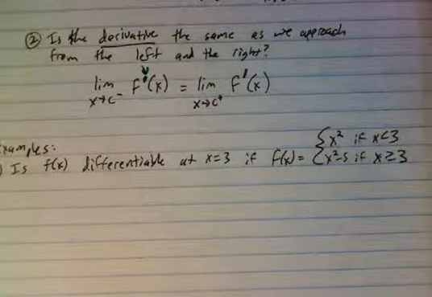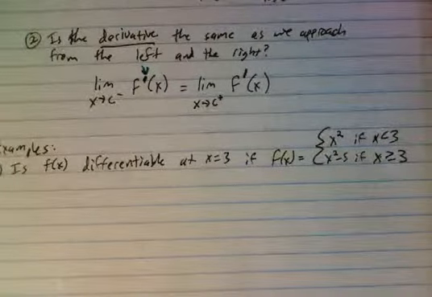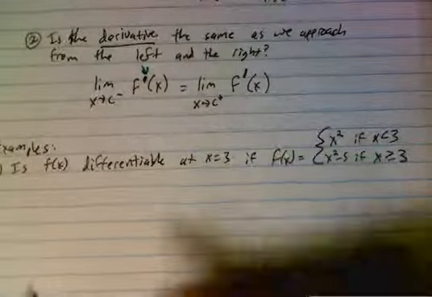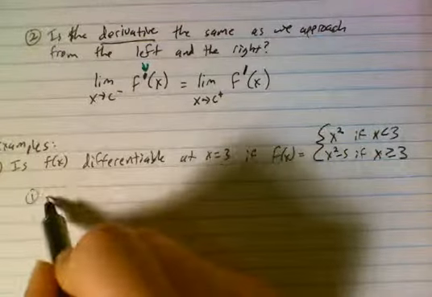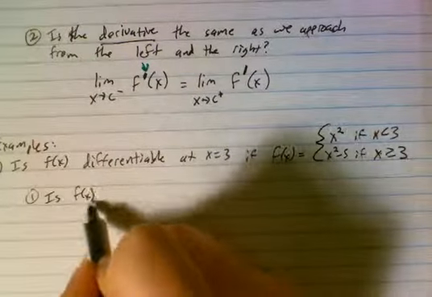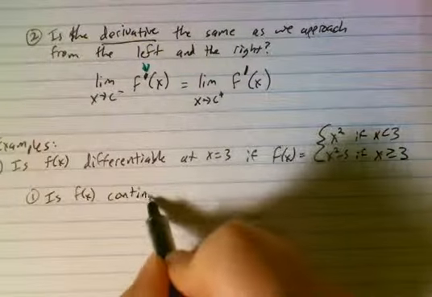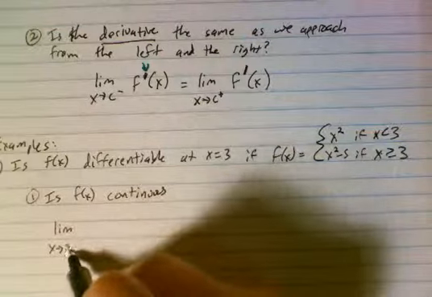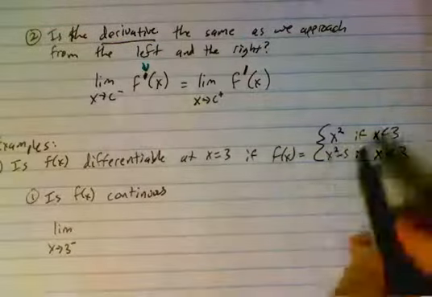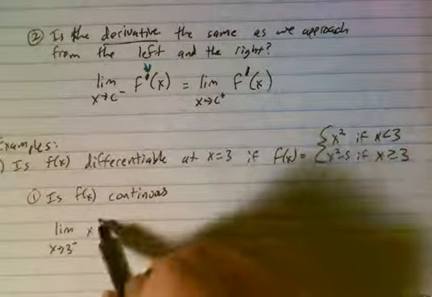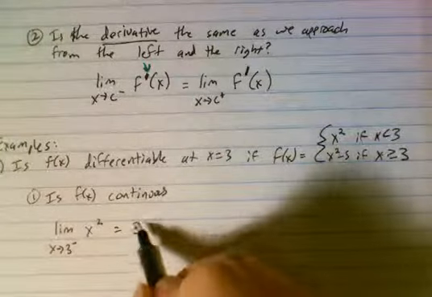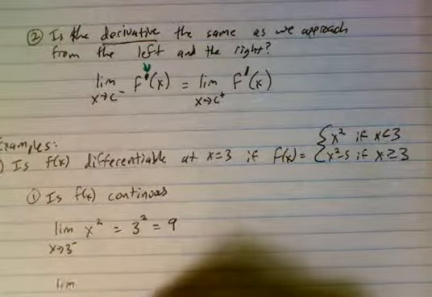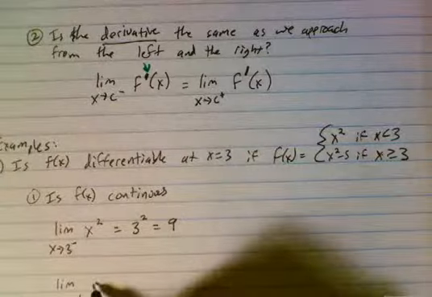f of x equals x squared if x is less than 3, and x squared minus 5 if x is greater than or equal to 3. So first thing we're looking at is, is f of x continuous? So the limit as x approaches 3 from the left. On the left-hand side, that's x squared. That's 9. The limit as x approaches 3 from the right.